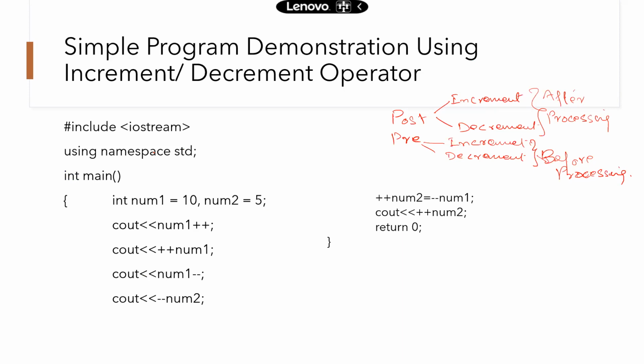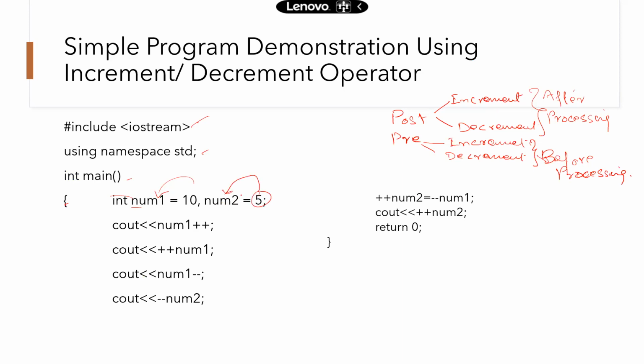So let's actually see. I'll just go through this program first, and then I'll demonstrate how this increment and decrement actually works. So it's a preprocessor directive, using namespace std, int main, start of the program, and then I initialize two variables: num1 of the integer type, which has been assigned 10, and num2, which has been assigned 5.